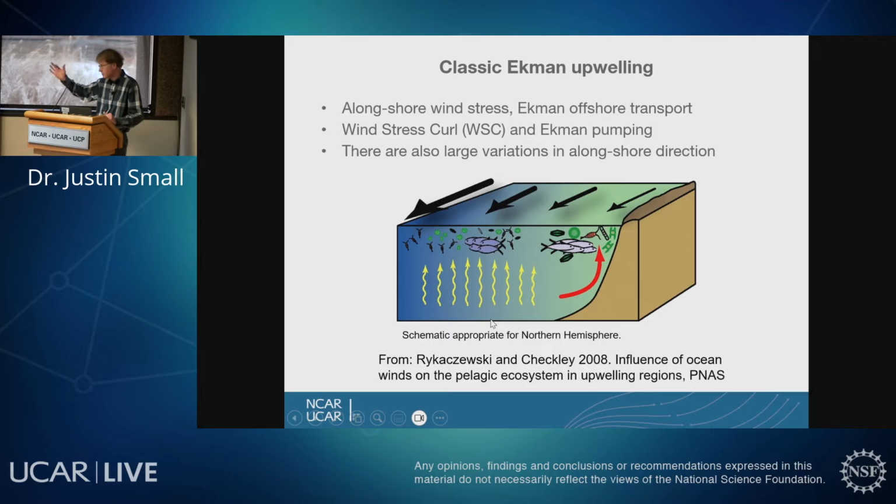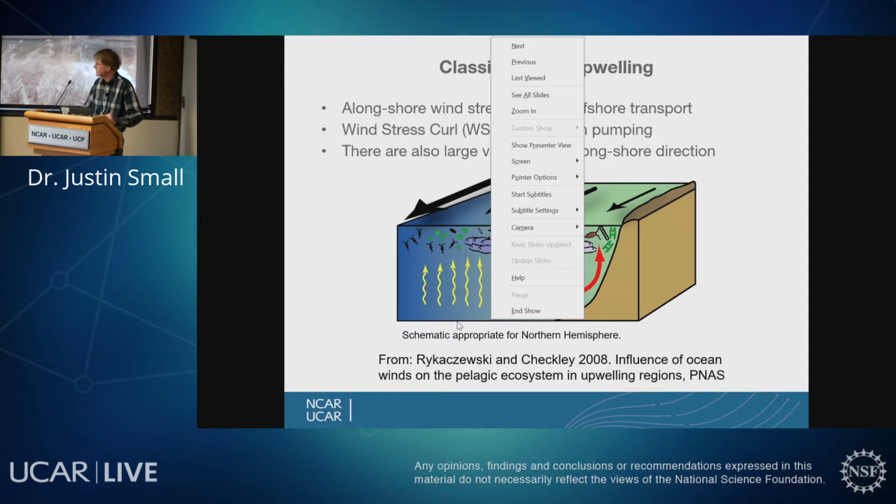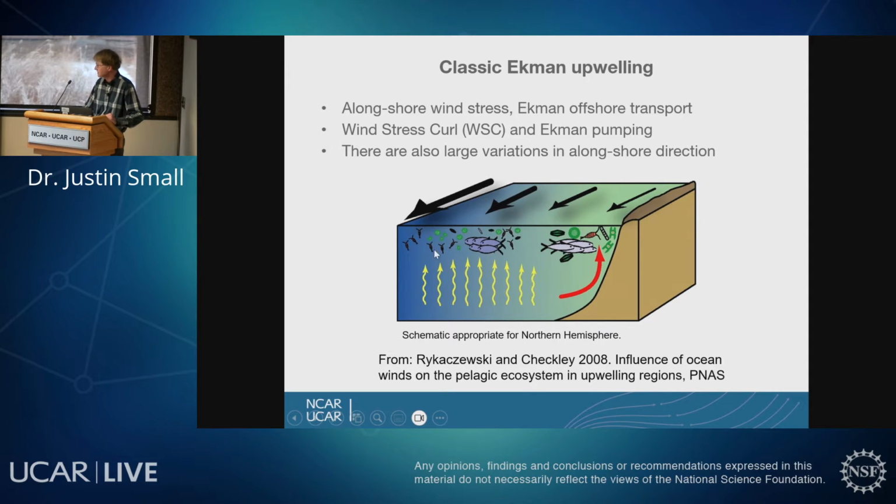So this is further offshore, and it may be causing different communities. I'm not an expert on this, but that's what the paper was proposing. So you have two different processes in this schematic, the classic coastal upwelling, this red arrow, and then this further offshore, what they call Ekman pumping or wind stress curl upwelling.